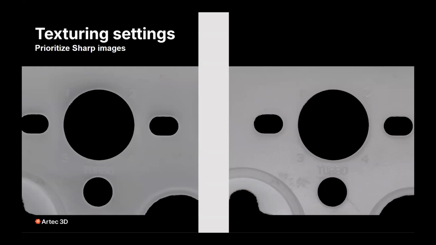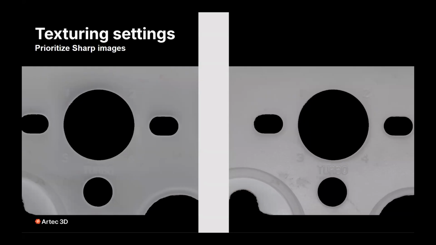Also, you can see this dirt on the controller, which is a nice thing, I guess. The texture is way more defined. You can see slight grain on the plastic right there, and overall it looks way better on the right. And this was achieved just by prioritizing sharp images. So no post-processing, nothing at all, just enabling this setting, and this is it.